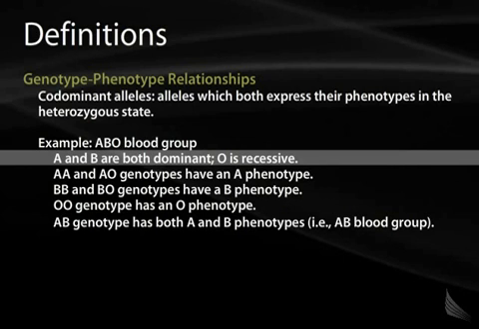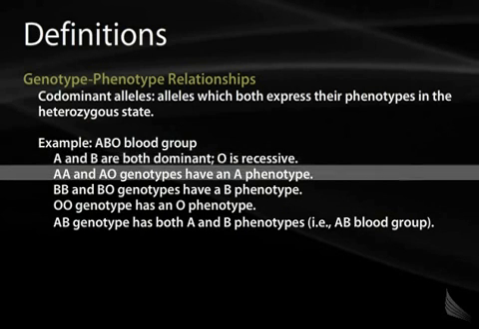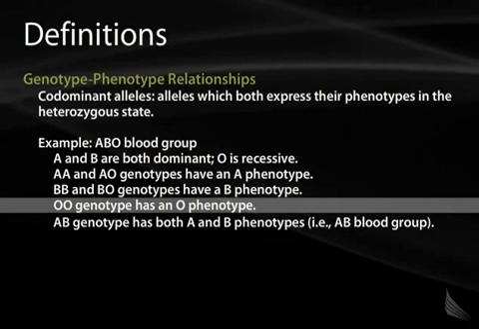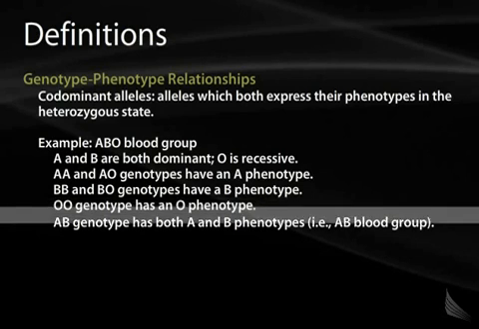O is a recessive phenotype. Therefore, if somebody is AA or AO in their genotype, they will have an A phenotype. Or if somebody is BB or BO in their genotype, they will have a B phenotype, meaning they will express that antigen on the surface of their red blood cells. If they have an OO genotype, that would be an O phenotype. Again, we see the homozygous recessive phenotype being expressed.